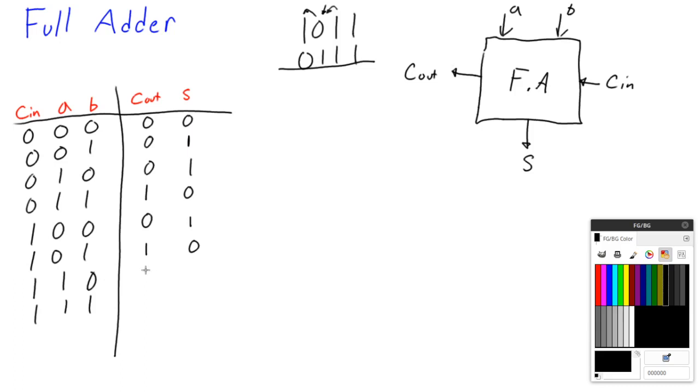And we also got 2 bits there, so that's a carry out of 1 and a sum of 0. And then finally, we're adding three 1s together, which is a 3 in binary, represented by 11. So this is our only case where we have a carry out and our sum is a 1. So we've got everything there.